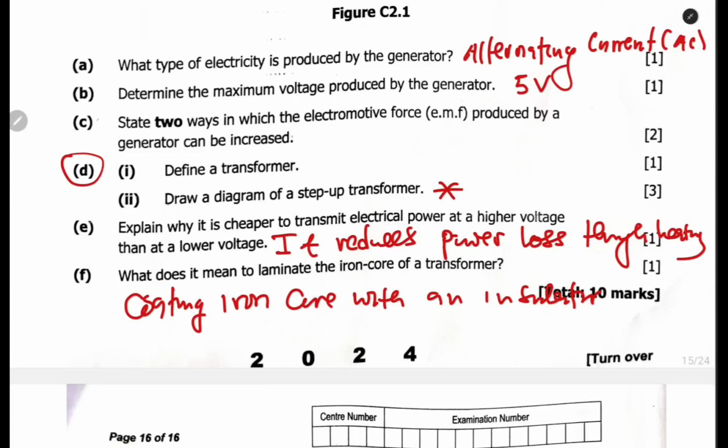But of course, on why it is cheaper to transmit electrical power at higher voltage than at lower voltage, look at some more ways you can do that. Don't just limit yourself to the answer that you are given. It's not only one, but I'm sure there are other reasons that you can give. So find those reasons, and make sure that you add them.